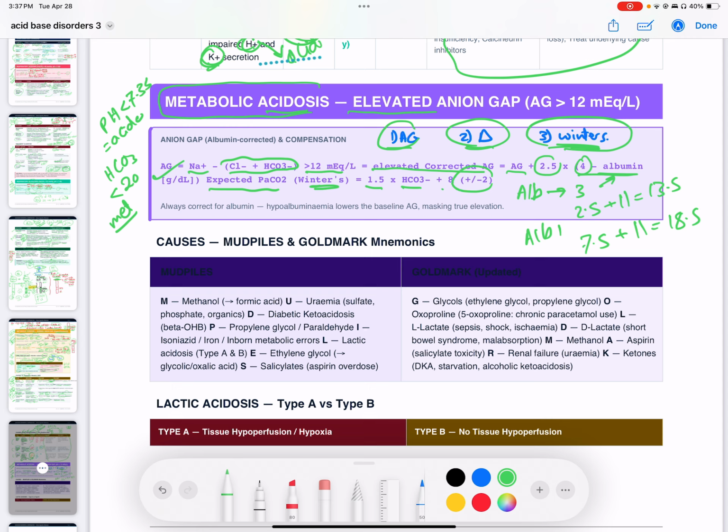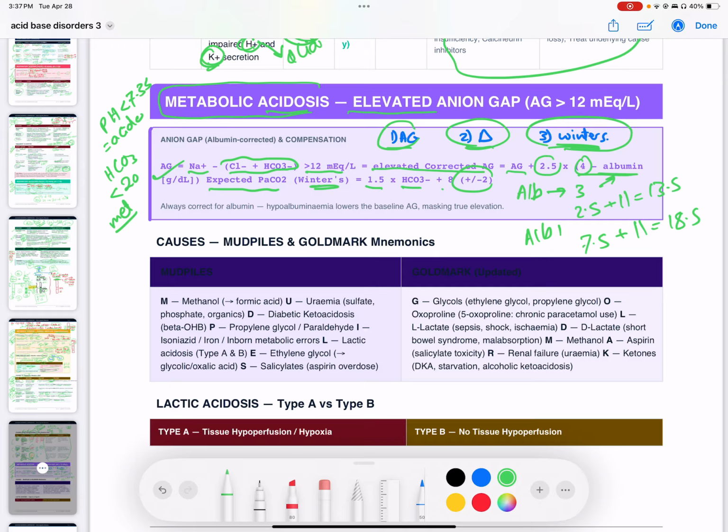If you do a VBG and the PaCO2 is within the expected range, then you have compensated metabolic acidosis. If it's higher, then you have respiratory acidosis with the metabolic acidosis. If the PCO2 is lower than the expected PCO2, then you have respiratory alkalosis with the metabolic acidosis, right?